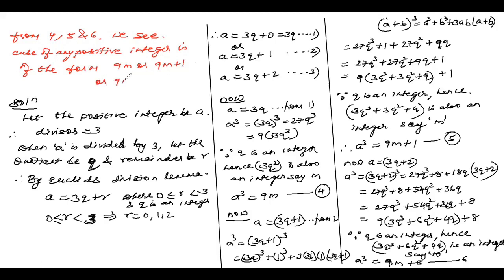You have to show this. I hope everybody is getting me here. So in this question, you have to show the cube of any positive integer is of the form 9m or 9m plus 1 or 9m plus 8. Got it? I hope everybody has understood this question.